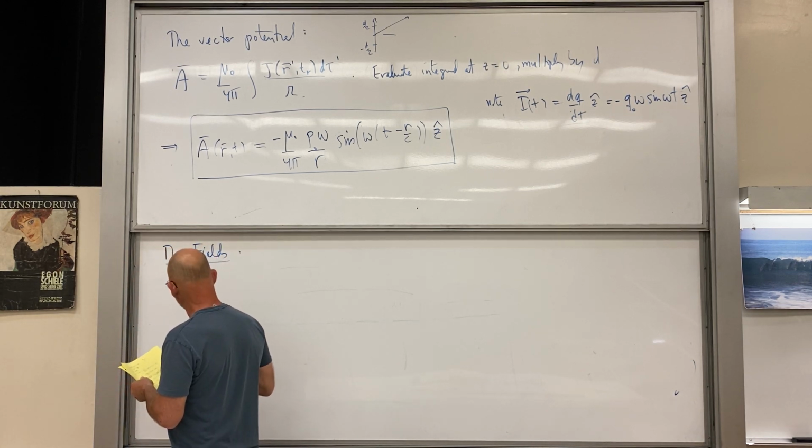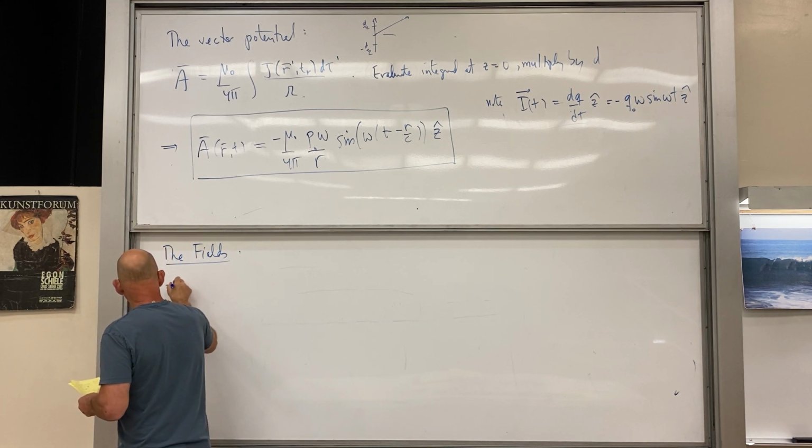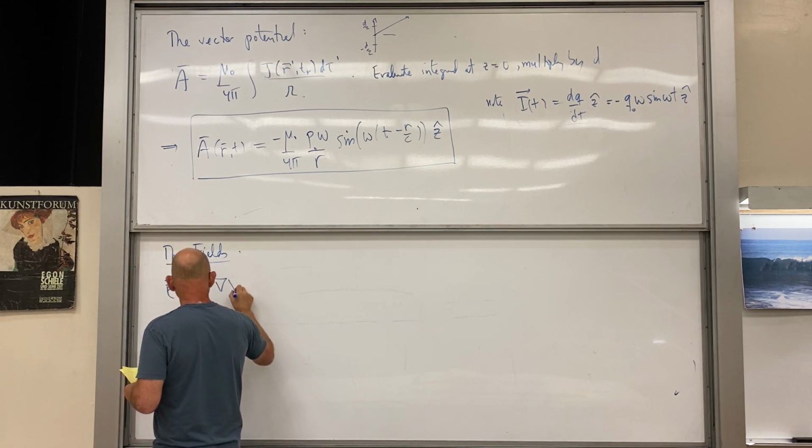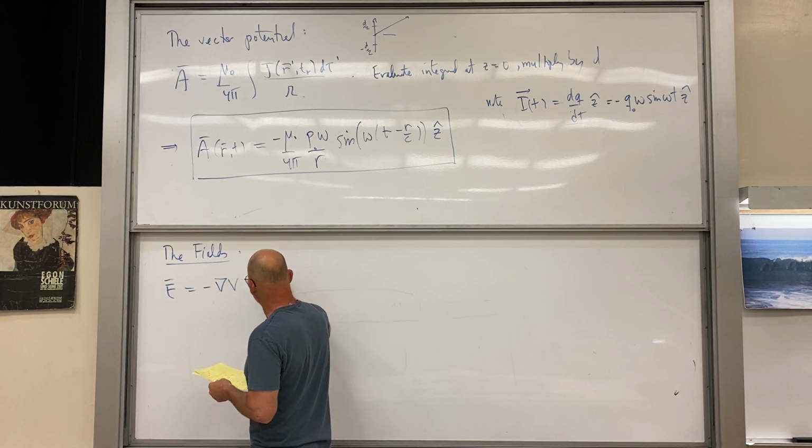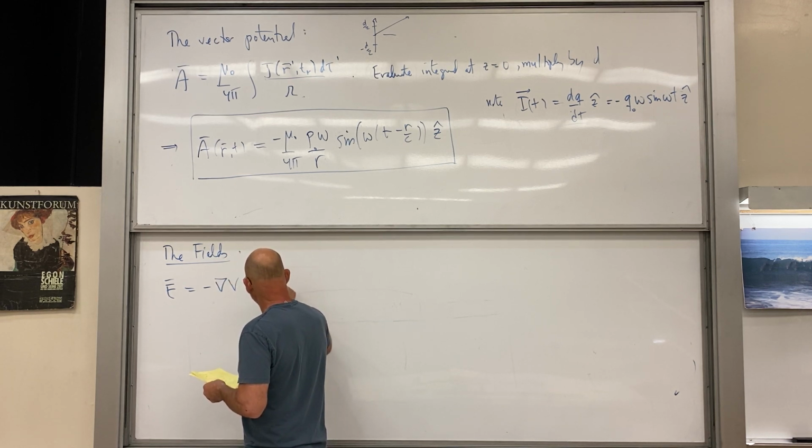Let's remind ourselves, we've got E is equal to minus the gradient of the scalar potential minus ∂A/∂t.